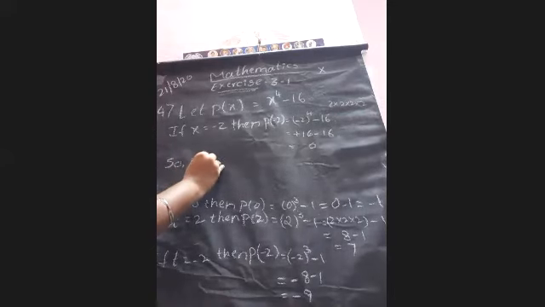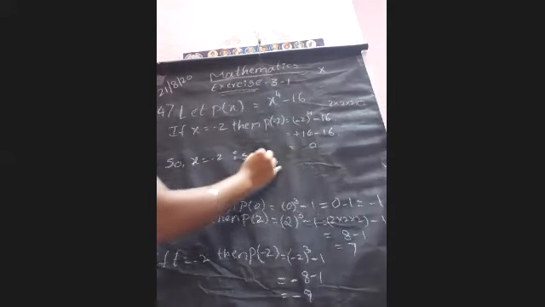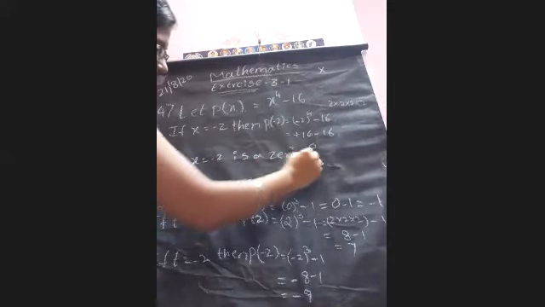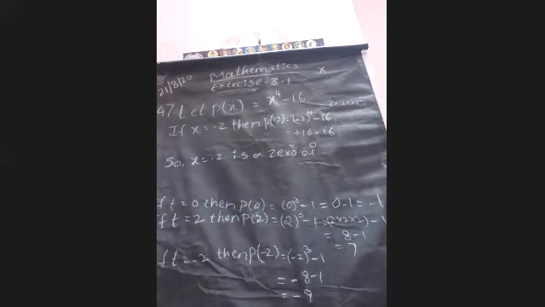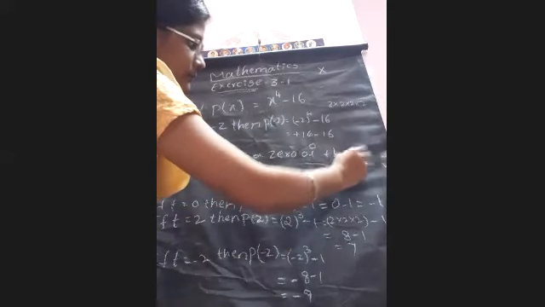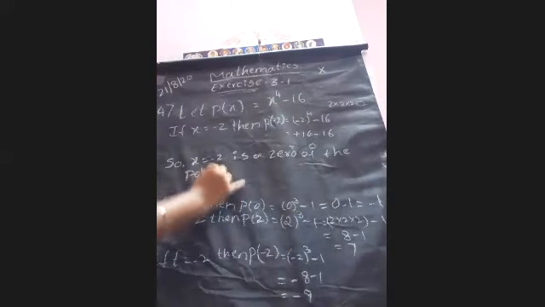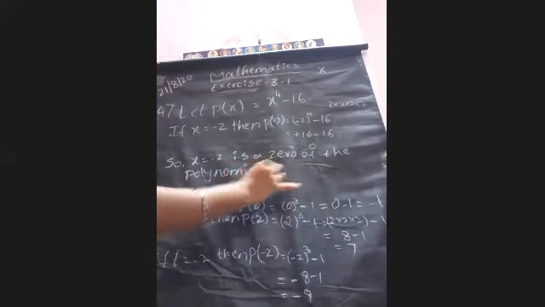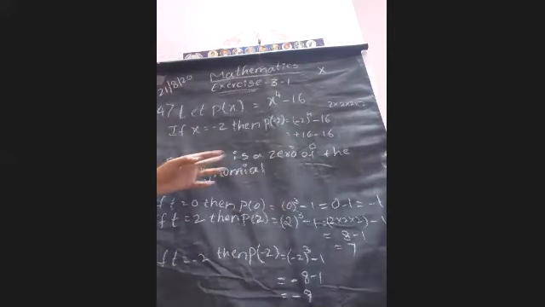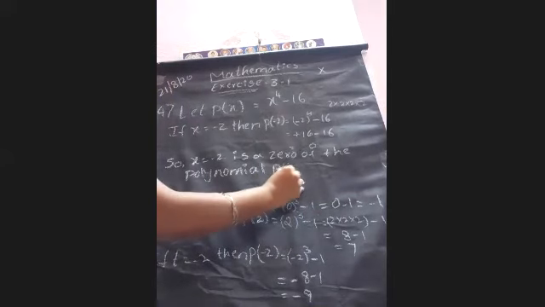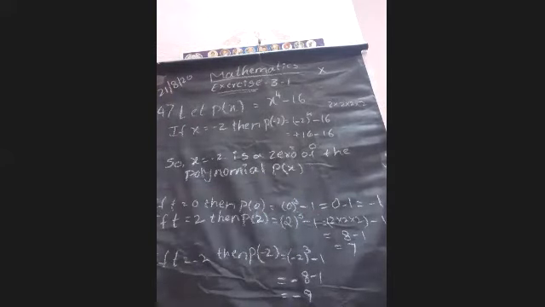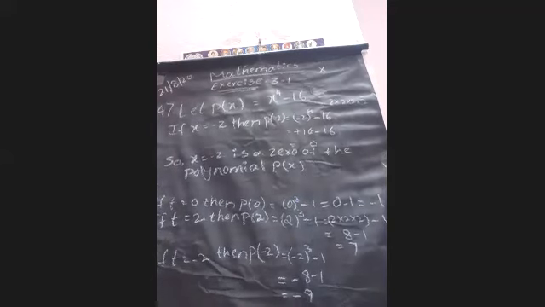So x equals minus 2 is a zero of the polynomial P of x. Next, the second one we have to check: 2.